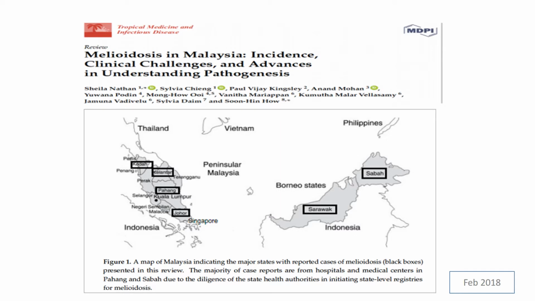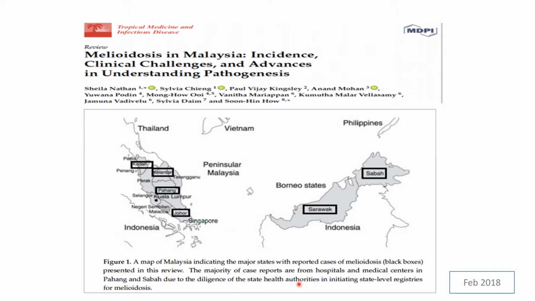Let's look at melioidosis in Malaysia, its incidence. All these states, Kedah, Kelantan, Pahang, Johor, and also Sabah and Sarawak, have submitted data with regards to their incidence of melioidosis.